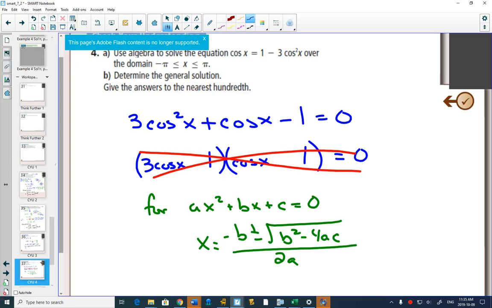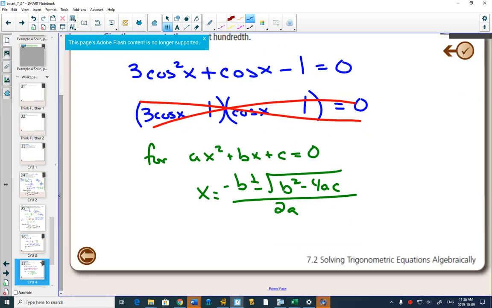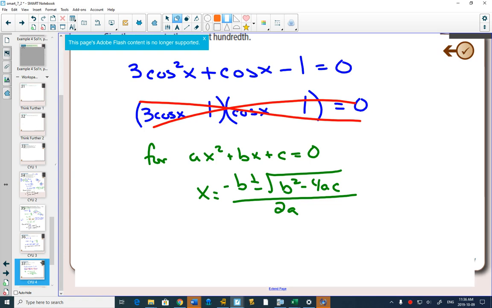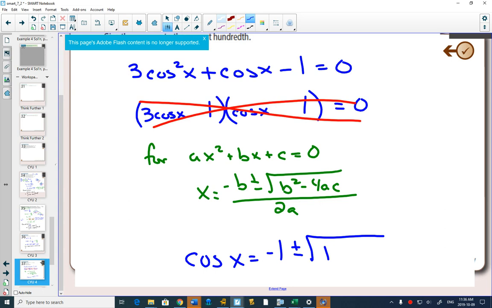So our next step will be, instead of writing x equals, it will be cos x equals negative 1 plus or minus the square root of 1 minus 4 times a times c, divided by 2a.